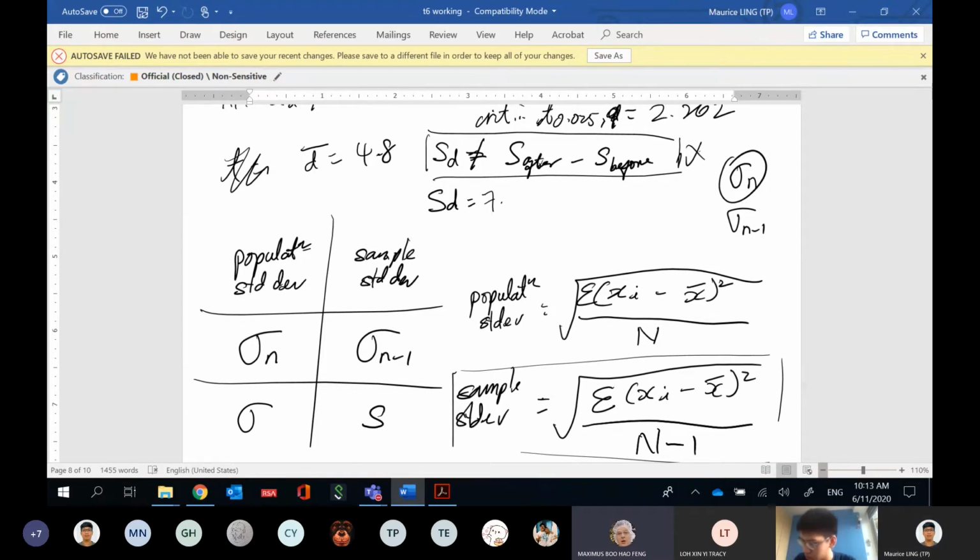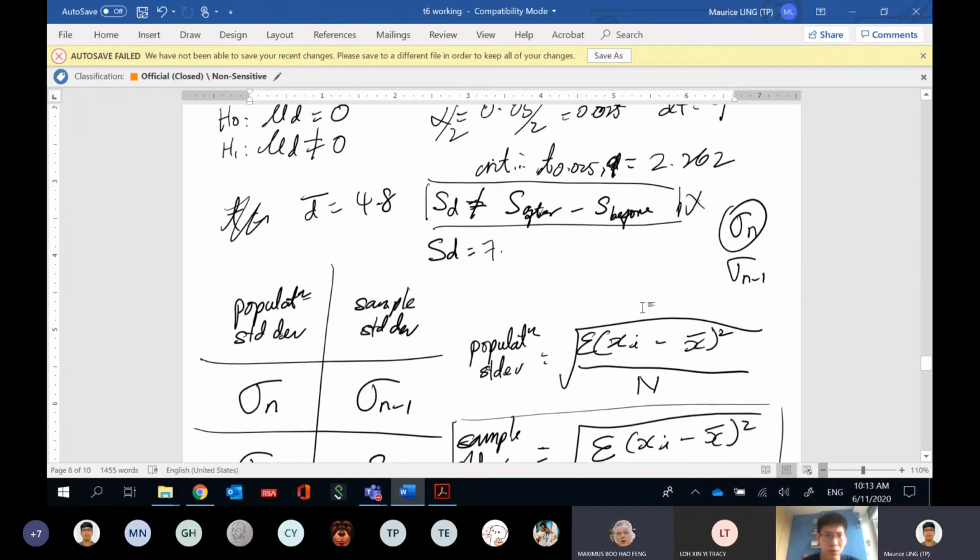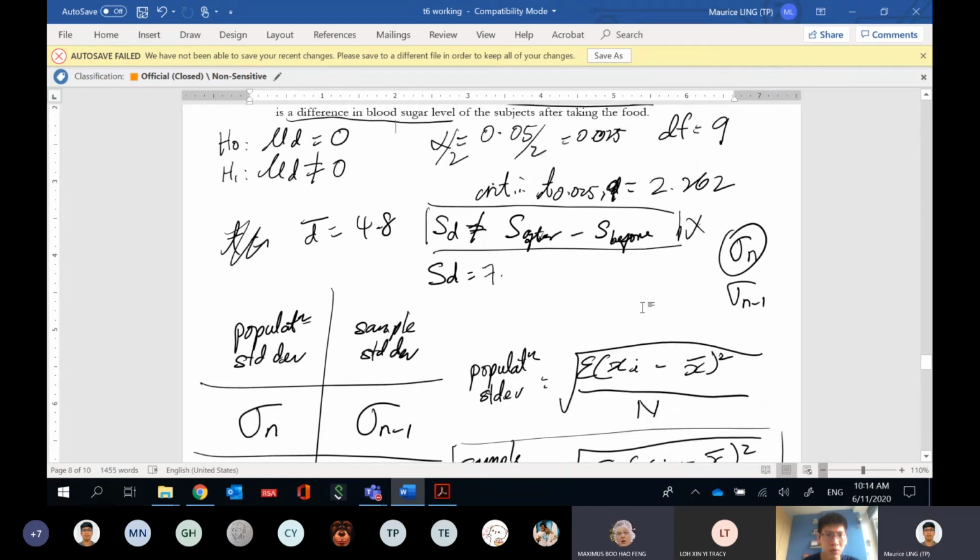Wait, I can just type it in, right? You can type it in, but it's going to be very long. Every one you have to minus off 4.8.